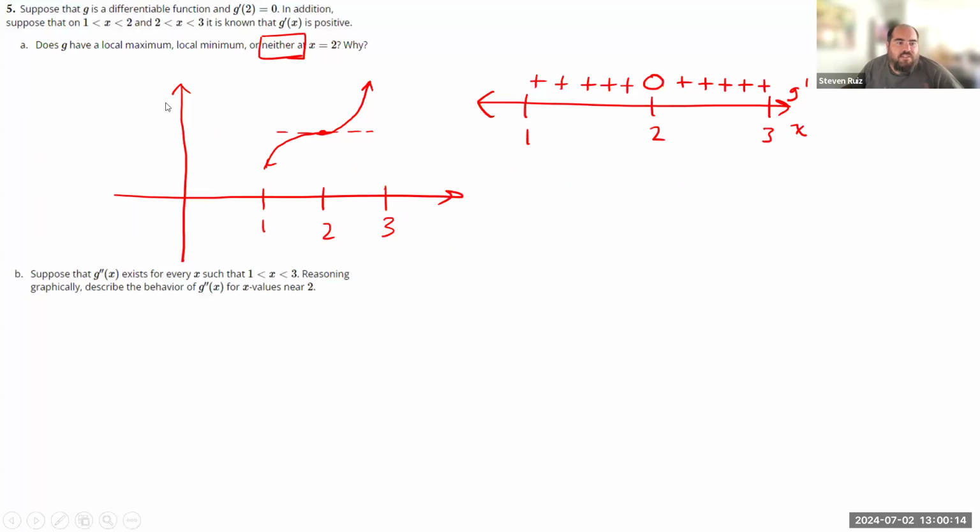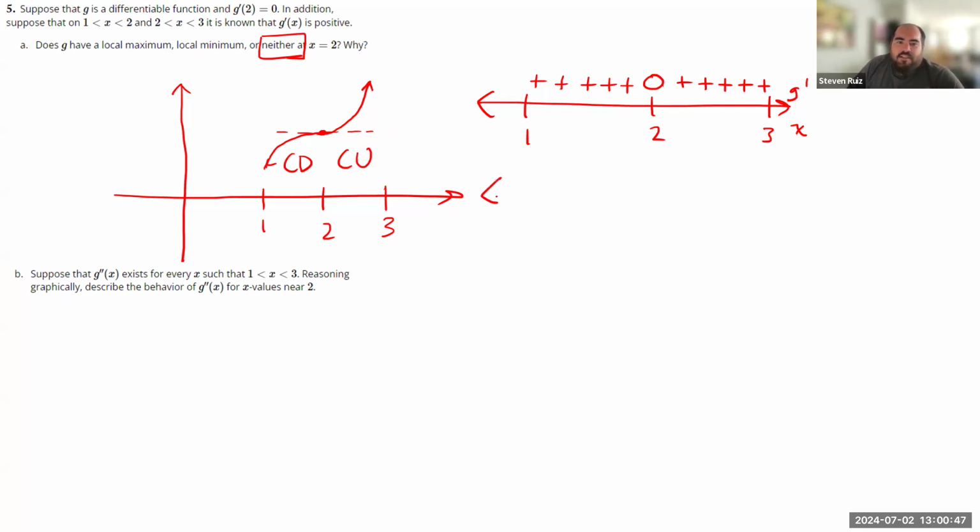So, what does the concavity look like here? If we believe our graph is correct, and hopefully you're convinced that it is, then what does our concavity look like from x equals 1 to x equals 2? In this area, I have a function that's concave down. And on the second half of the interval, from 2 to 3, I have a function that's concave up.